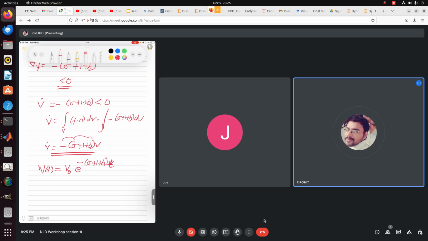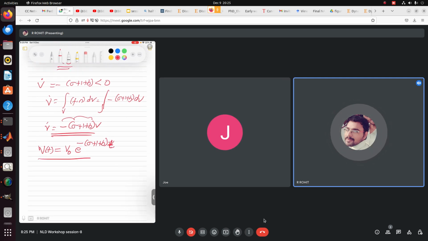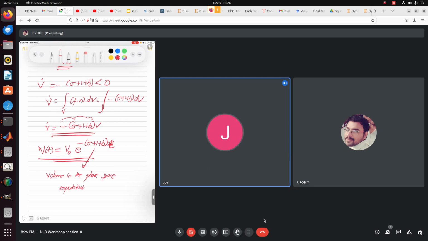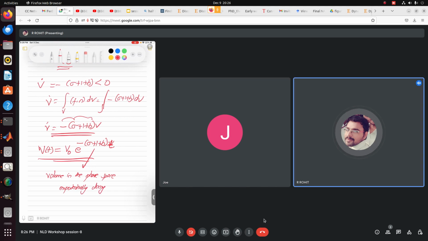So the volumes in the phase space, this tells us that the volume in the phase space exponentially decays. When you are saying volume, we will not use the word decay, we will use the word shrink.